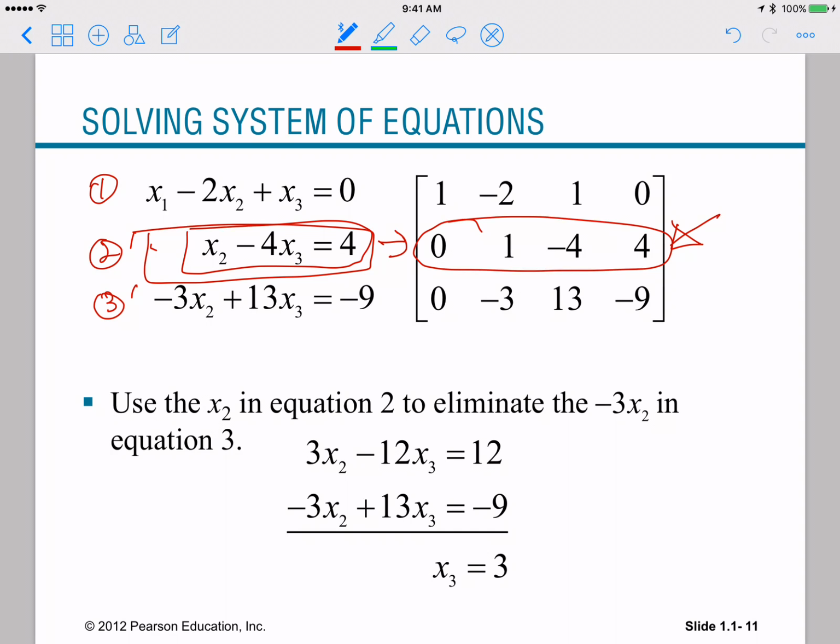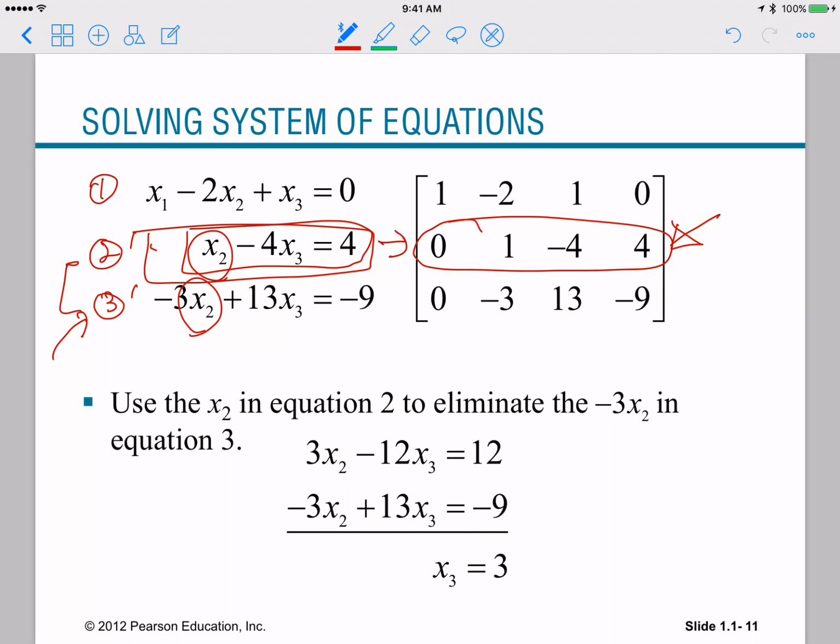Okay, and then the third step that we can do in order to solve. So what we are doing currently is to obtain the values of x1, x2, and x3. Okay. So between these two equations, we can now remove x2 from the third equation.